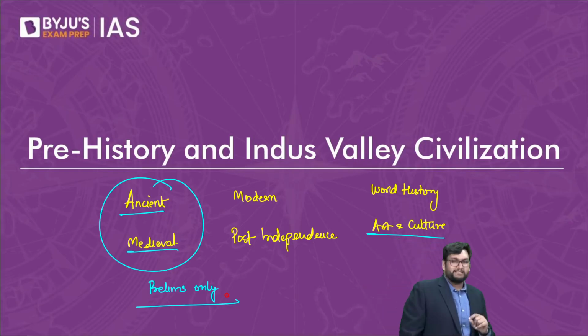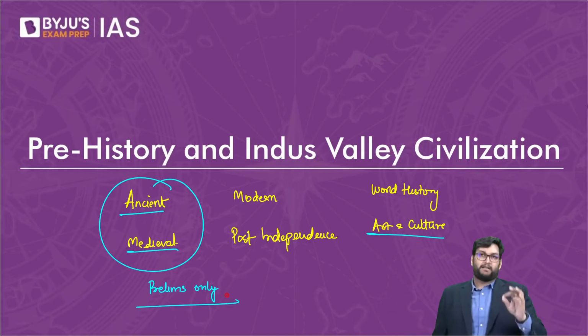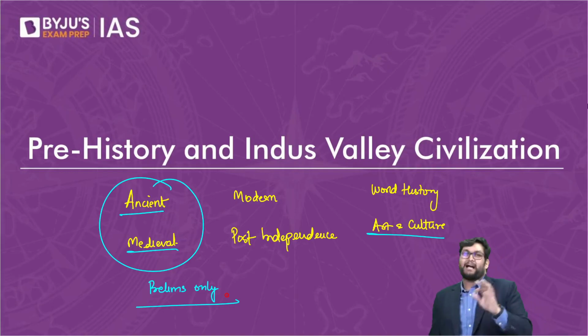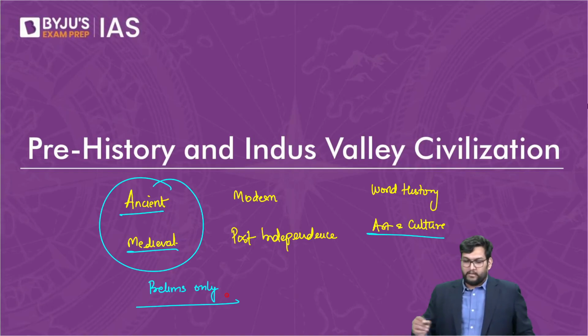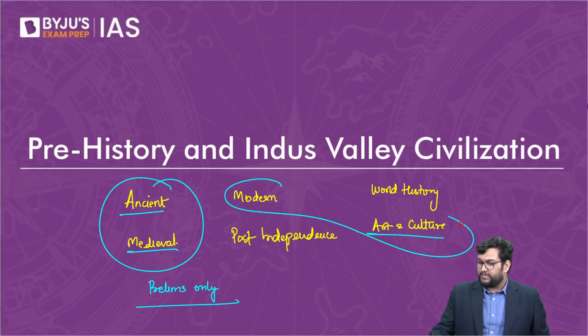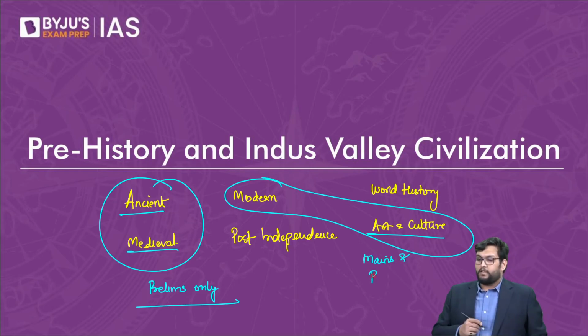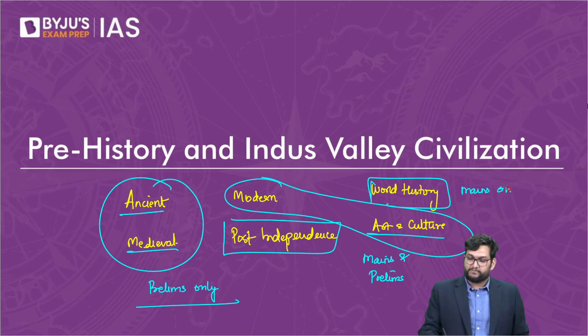And if you've gone through my classes, you are capable of writing any answer to any question which came in the examination. When we talk about modern and art and culture, they are mains and prelims, and post-independence and world history are mains only, meaning they will only come in GS paper 1.